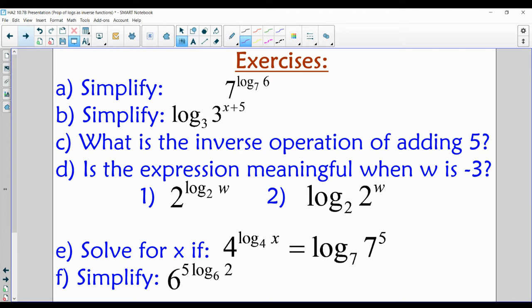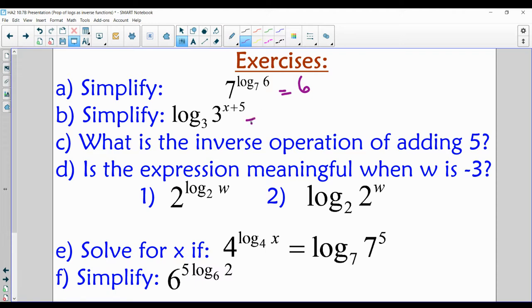All right, let's go through some simplifying of these here. 7 to the log base 7 of 6. The property we just got done talking about: base and base are the same, so therefore that will equal 6. This would go along with the second one, log base 3 of 3 to the x plus 5.